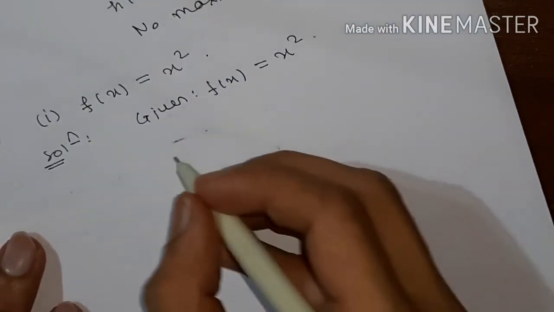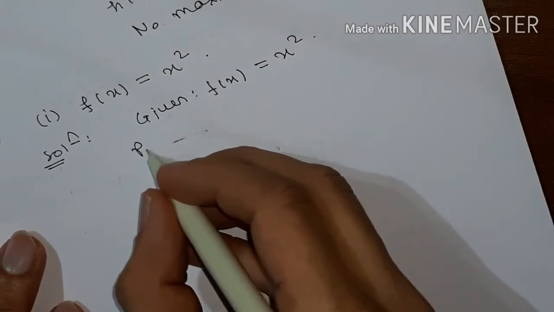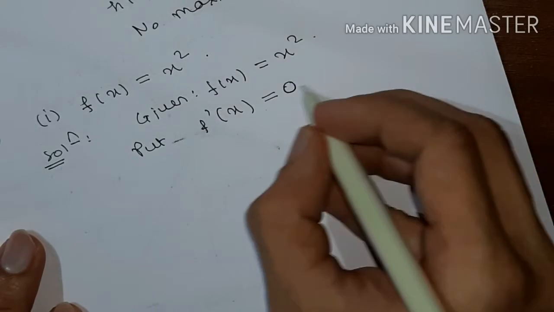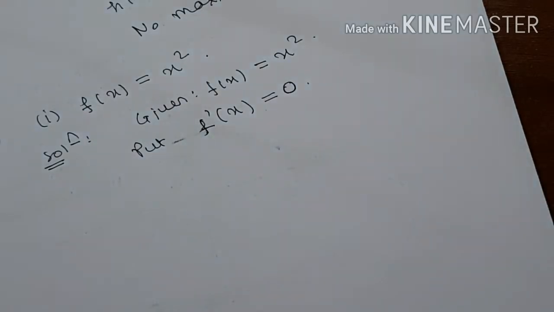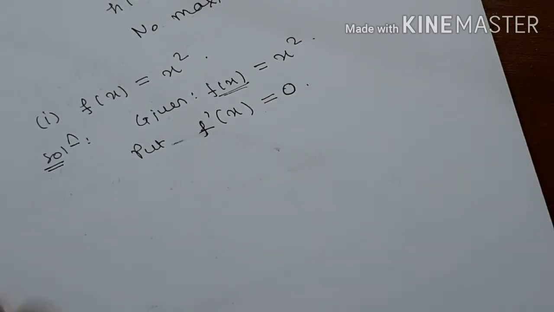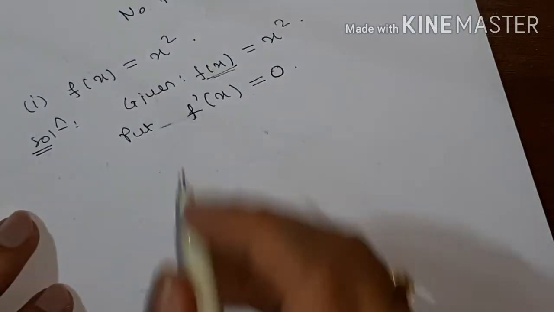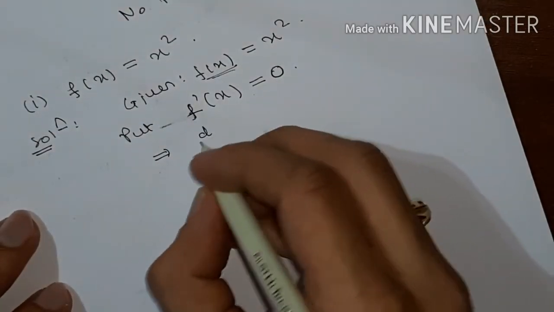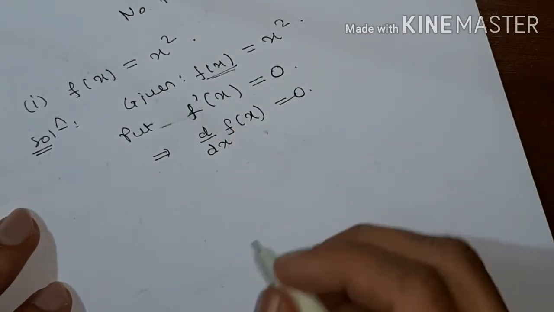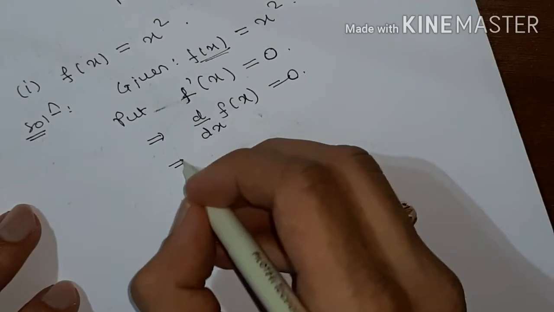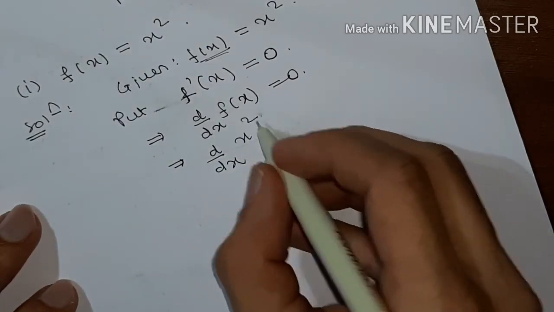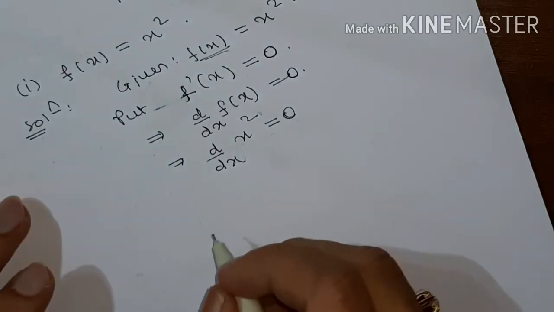Now what you have to do is, you have to put f prime of x equal to 0. So you put the derivative of this function, that is x square, as equal to 0. So what you will get, this is nothing but d by dx of f of x equal to 0, right? So that means d by dx of x square equal to 0.